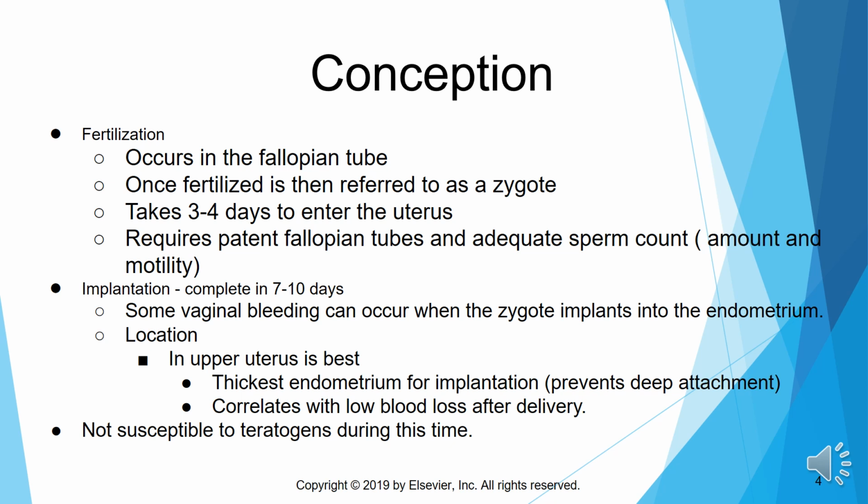It's really important also to remember that the cells at this point, the zygote, are not susceptible to teratogens at this time. And the reason for that, so when we think about people who have a few too many and then they get pregnant, you worry, was I drunk when I conceived and all of that? And it doesn't really matter. There's no blood supply to that baby from maternal blood supply.